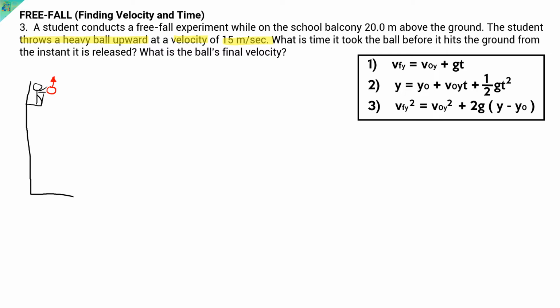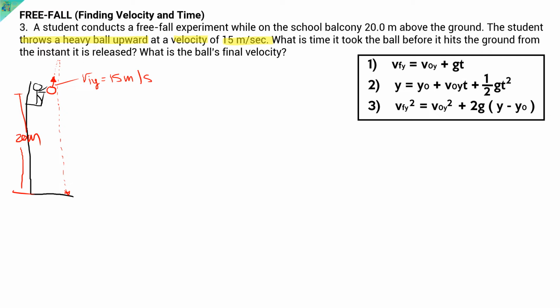So, binato niyang ganon. Then, of course, from there, it will drop pababa. Okay, so that's our story now. Hindi na siya diretso. So the student gives it an initial velocity of 15 meters per second. Okay, and of course, still the height of this building is 20 meters.